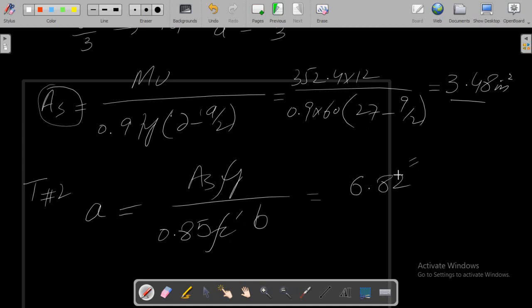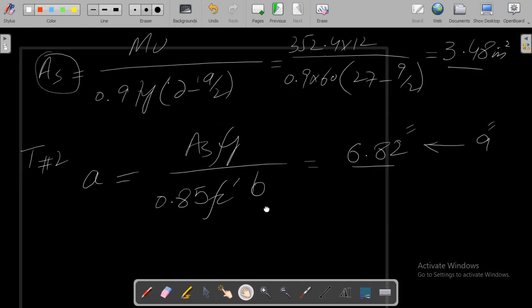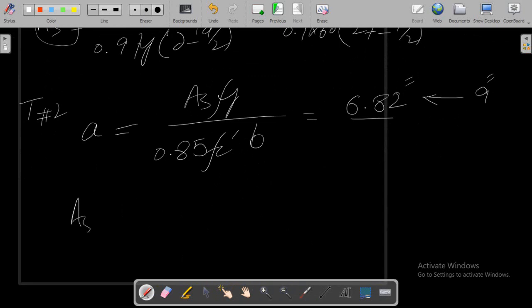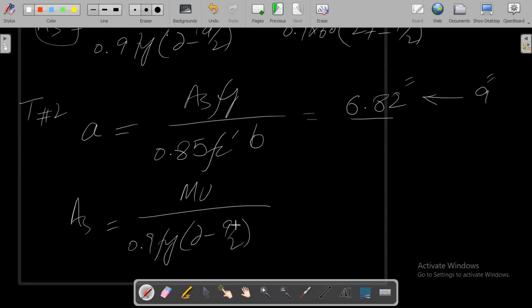Noting down here, the a value is reduced from 9 to 6.82. So the area of steel value will change and it will be lesser. Again we will use As equals Mu divided by 0.9 Fy into (d minus a over 2). This time we will use the a value 6.82. If we use your calculator, we get 3.32 square inches.